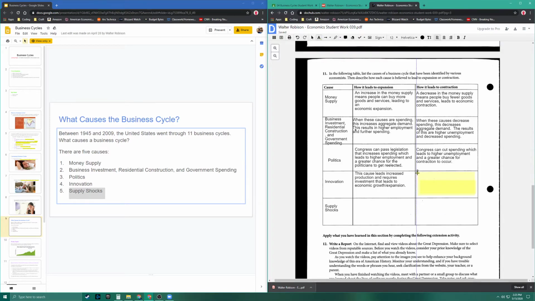We want text. All right. So we have investment, spending, because that's what this is. It tends to slow with time, and this leads to economic contraction.